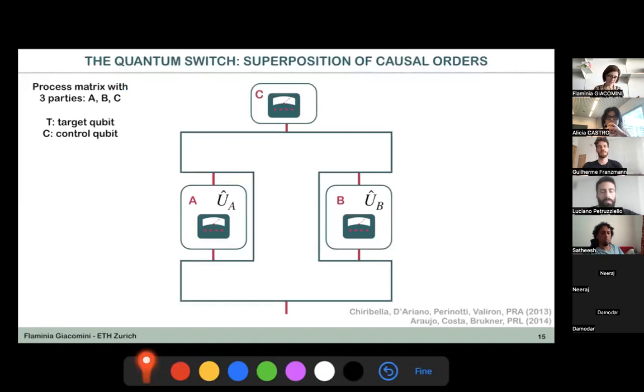So here we have three parties, A, B, and C. And again, we have a target qubit and the control qubit.